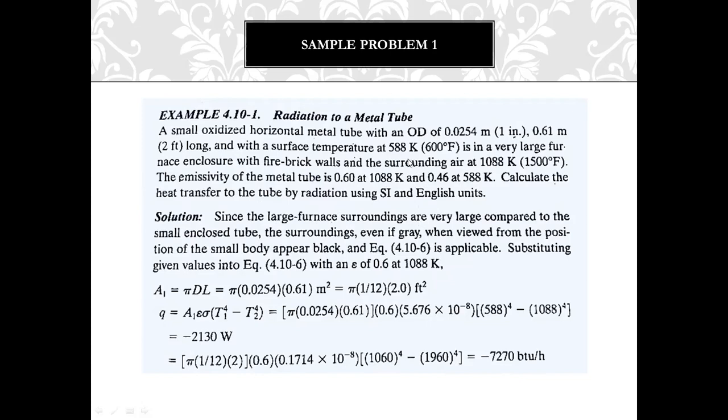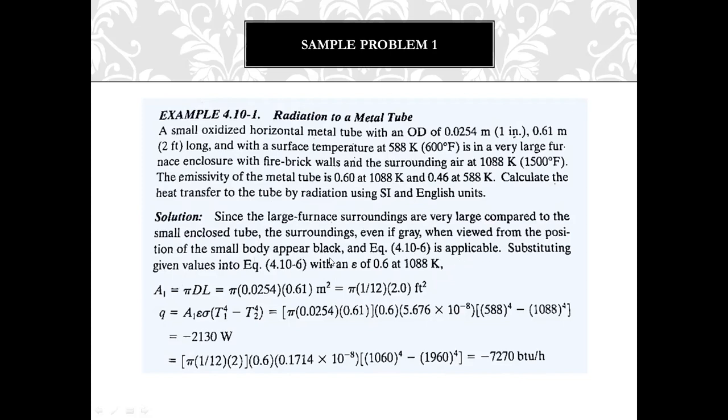If you read your book by Geankoplis, the temperature of the material for which we account radiation is represented by capital T sub 1. The temperature of the surroundings in which that material is placed is T sub 2. Since the large furnace surroundings are very large compared to the small enclosed tube, the surroundings, even if gray, appear to be black from the position of the small body.